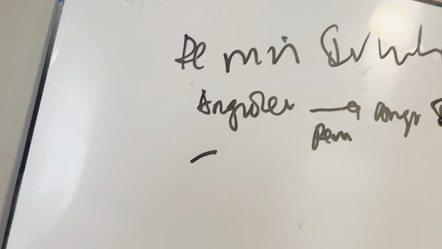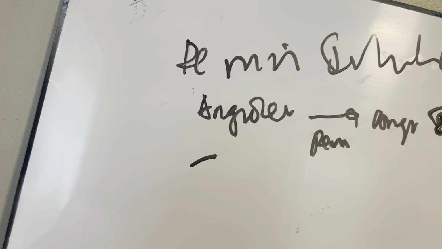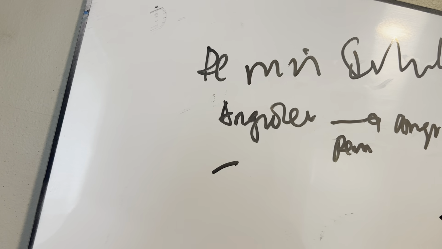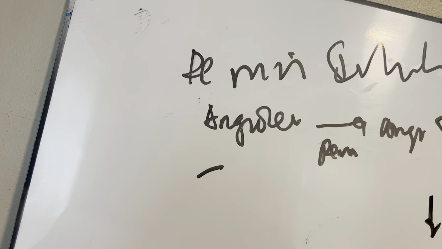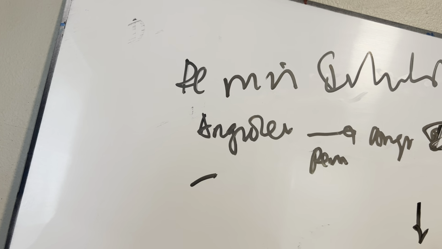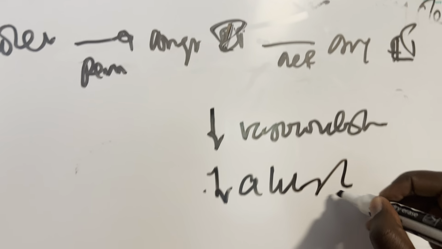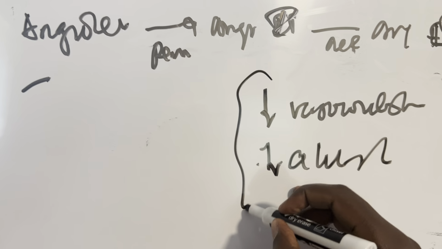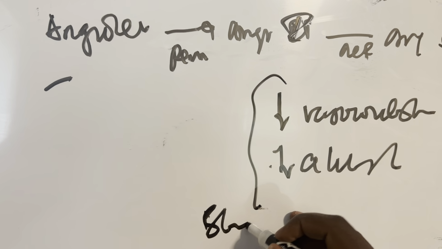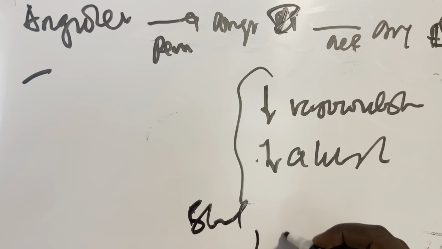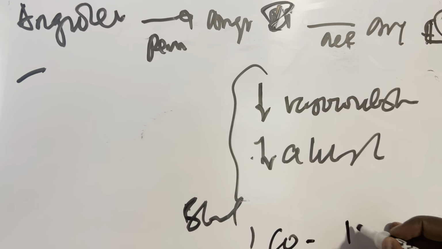So this will cause a reduction in vasoconstriction and aldosterone release. As a result, all those events will cause a reduction in blood volume, reducing cardiac output, reducing total peripheral vascular resistance, and reducing high blood pressure.